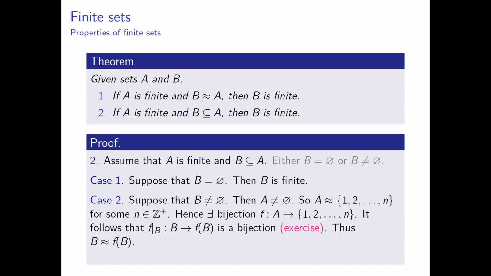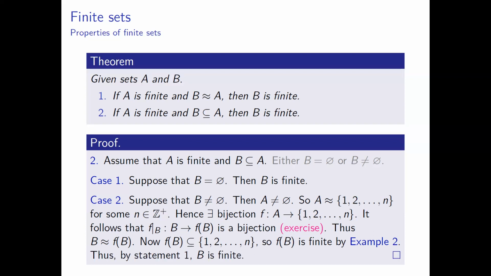Thus, by the definition of numerical equivalence, B is numerically equivalent to its image f of B. Now, the set f of B is a subset of the set of integers from 1 to n. So, by example 2, the set f of B is finite. Thus, B is numerically equivalent to a finite set, and by statement 1, this implies that B itself is finite. This completes the proof of statement 2 of the theorem.